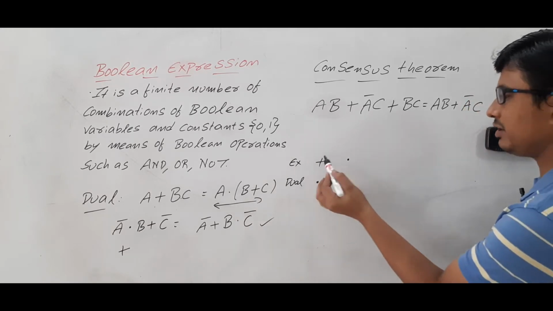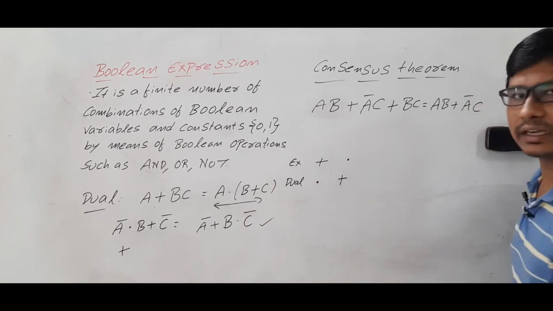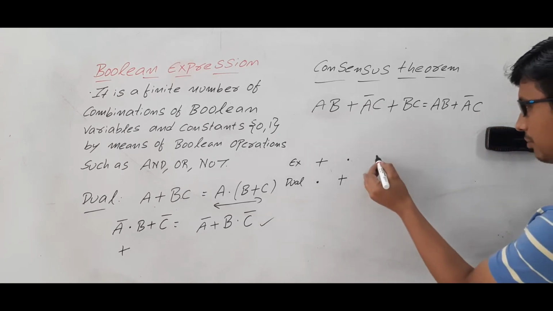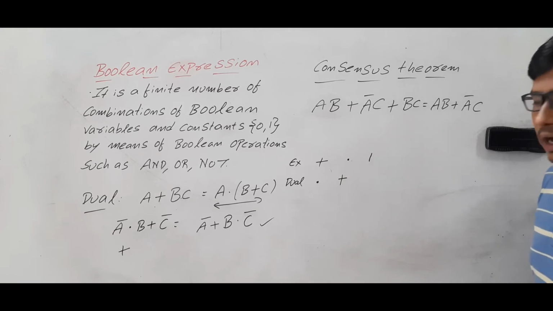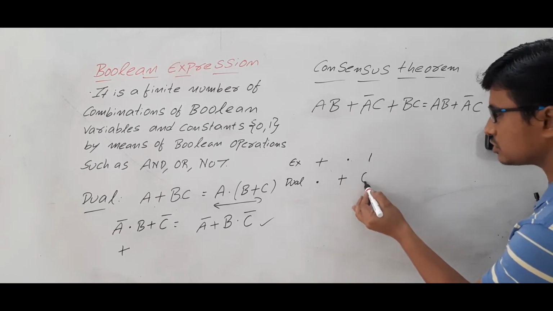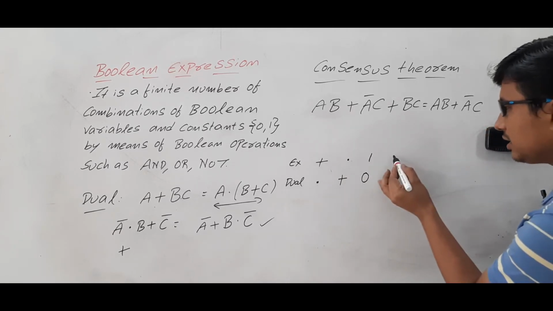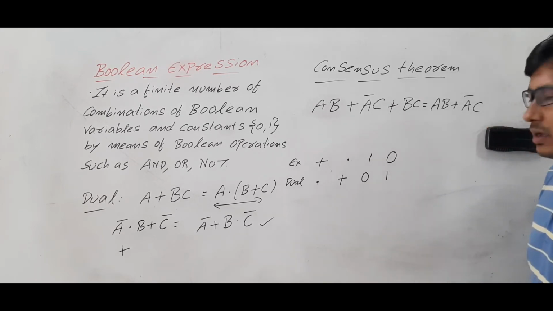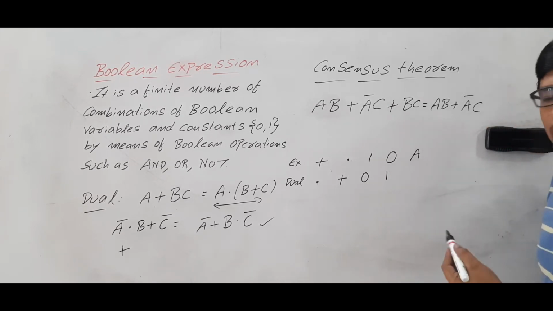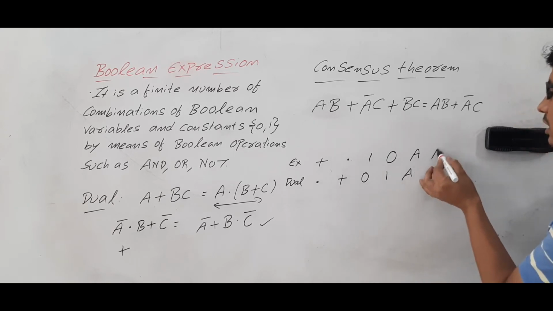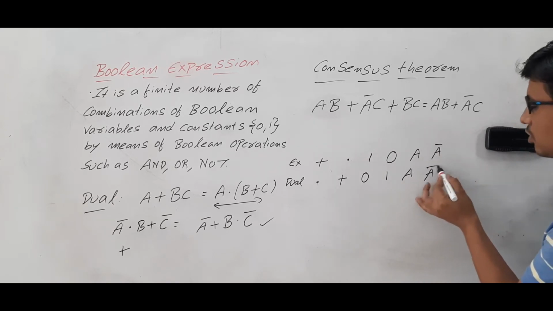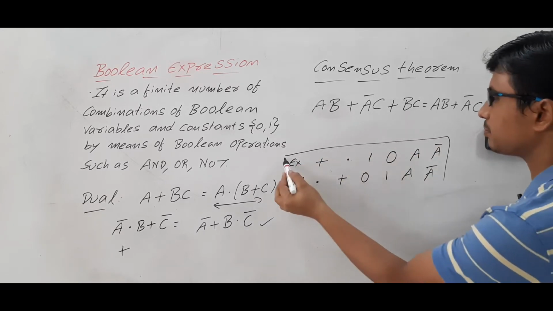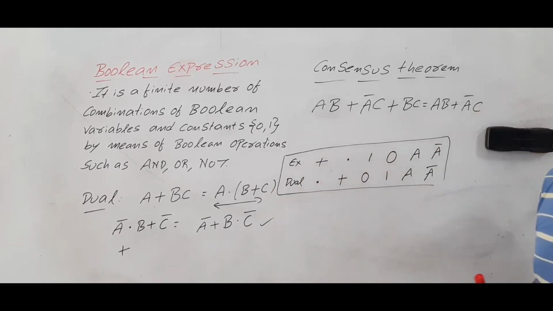And remember one thing, if you have a 1, the dual of 1 is 0. Similarly, if you have a 0, the dual of 0 is 1. However, the dual of A is A only. A complement also remains A complement only. So this is the generalized way of representing the dual of an expression.